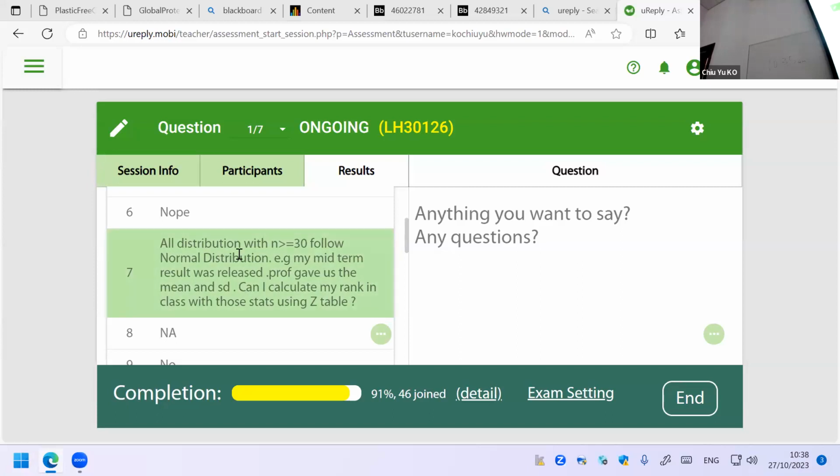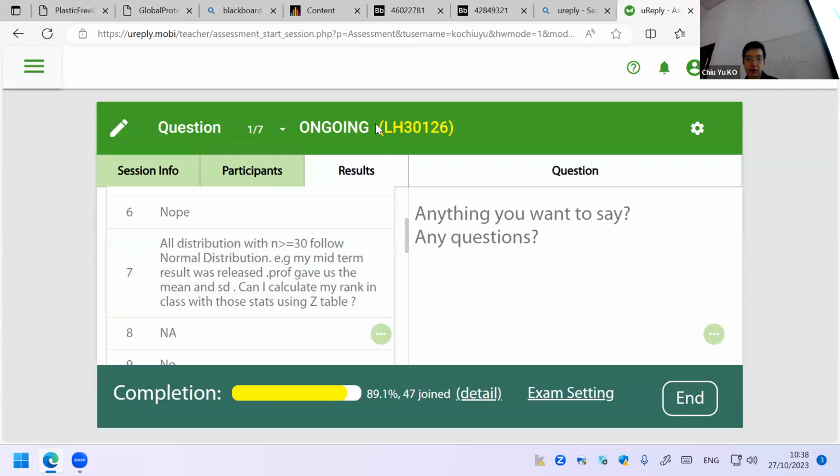But I have to remind you that it is the sample mean, right? It's not exactly your rank. In general that's the case, but the first one need not be true, because if the underlying distribution is not normal, this is wrong.